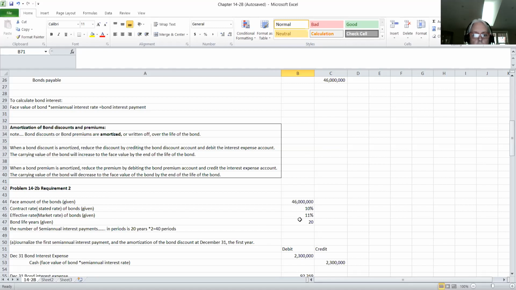This 11% market rate of interest is also an annual interest rate. So most likely when we are calculating the cash amount of the bond issue, which we're going to do later, not in this particular part of the transaction, we're going to use the market rate of interest when we calculate the cash if it is not given like it was in this particular problem.